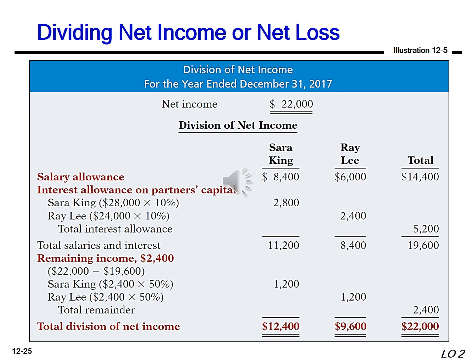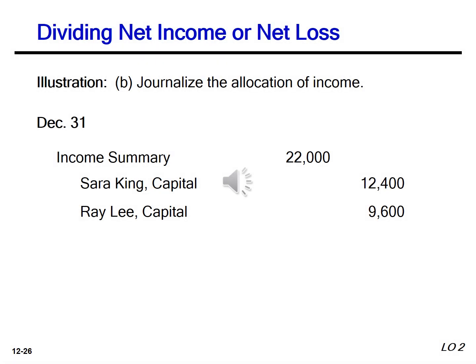So in total, as a result of this breakdown, as you can see, Sarah King is going to take 12,400 in total, and Ray Lee is going to take 9,600. Now we can move on to the second requirement, which is to generalize the allocation of income.